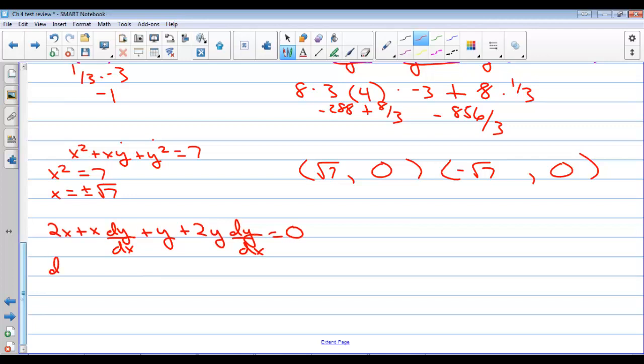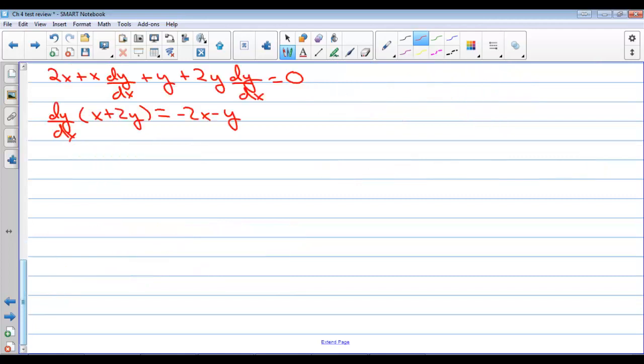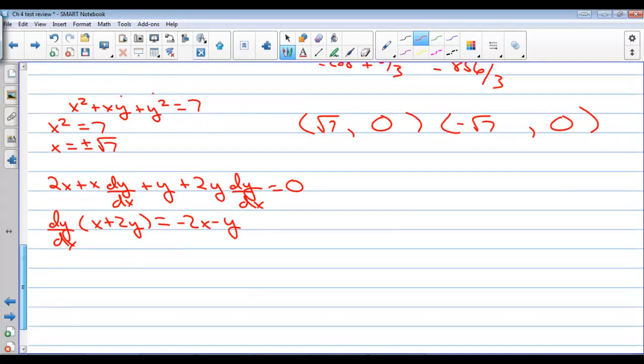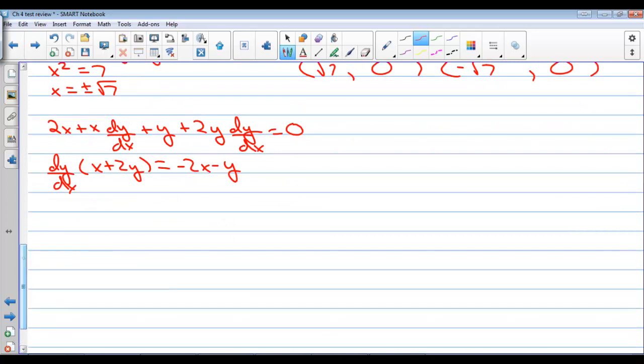Let's factor out a dy/dx, and we get x plus 2y. That's equal to negative 2x minus y. And dy/dx is now equal to negative 2x minus y over x plus 2y.